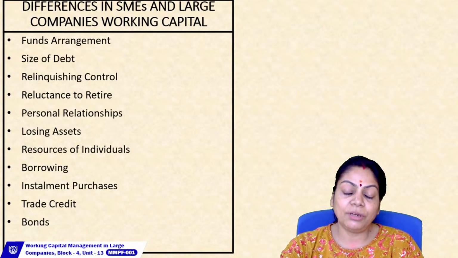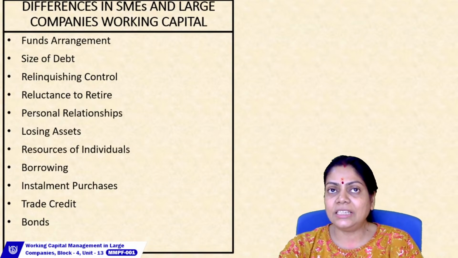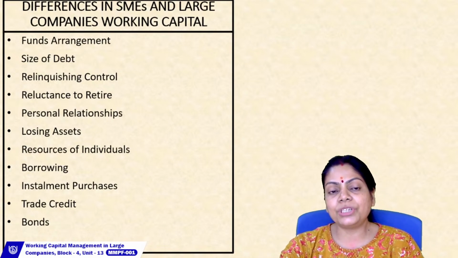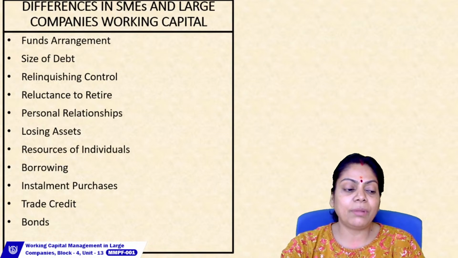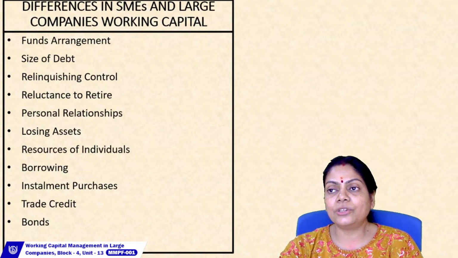Similarly, when we talk about trade credit, we have just discussed that it is easier for big companies to arm twist your suppliers or other stakeholders into giving you credit, whereas it might not be the case for an SME, which has no dominant position over the supplier.